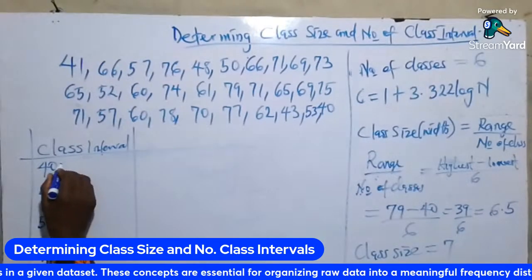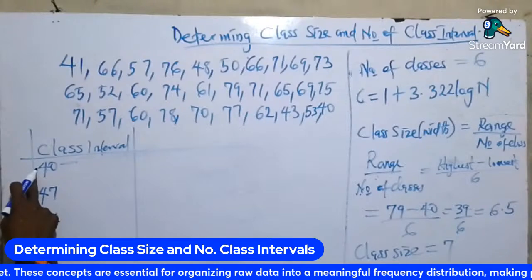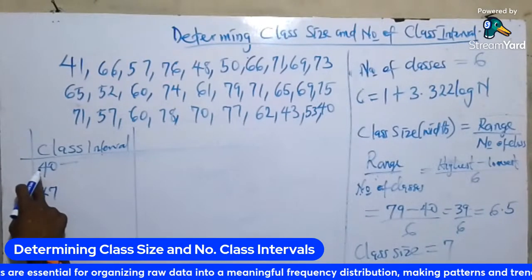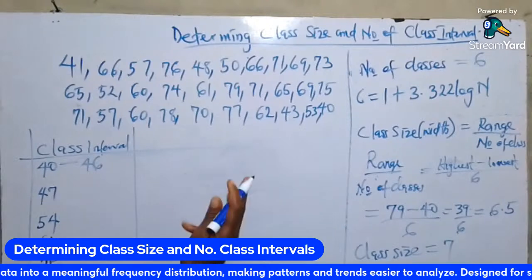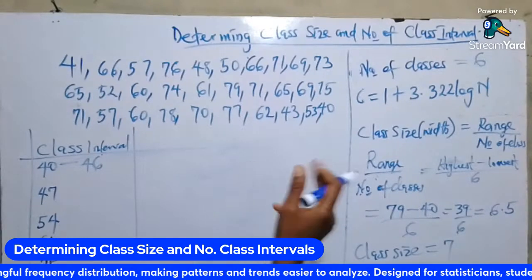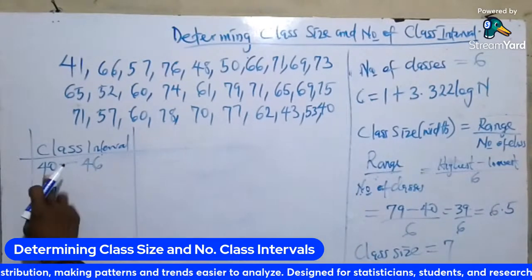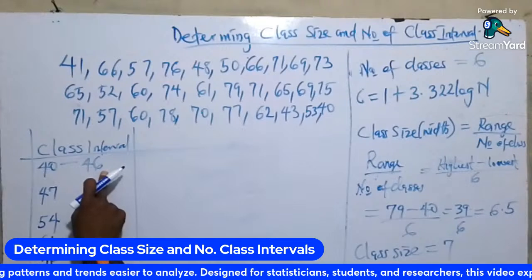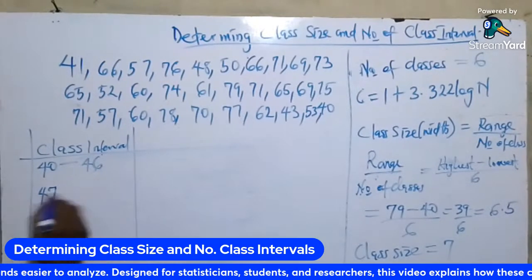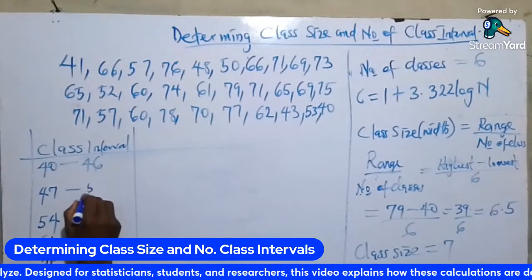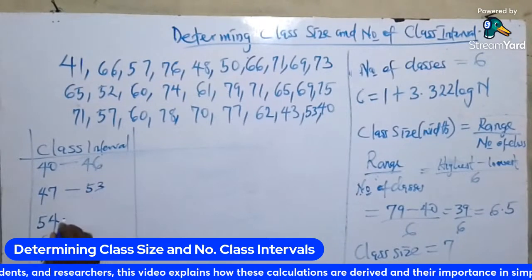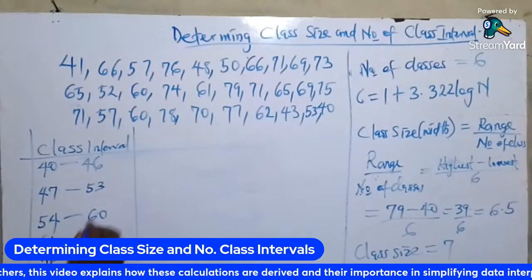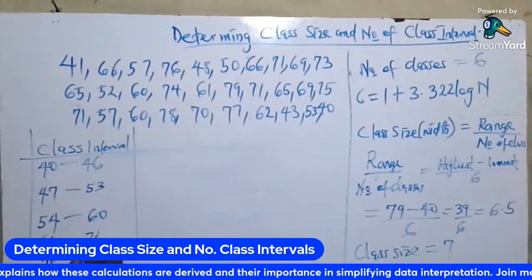So next, we are adding 7 to 40. So 40 will become 46, of course: 40, 41, 42, 43, 44, 45, 46. You can see that is 7, so the class size is 7. So this one will be, just take one away from this, 53. Take one away from the next one, 60. Take one away from the next one, 74.